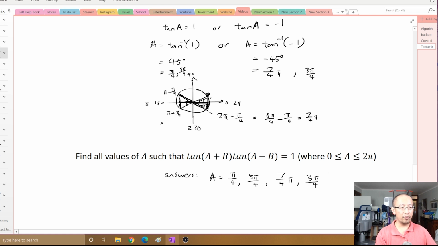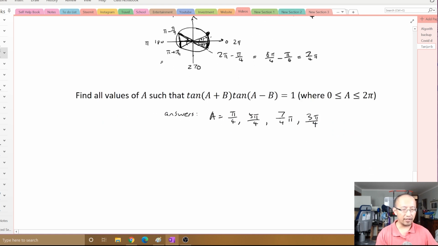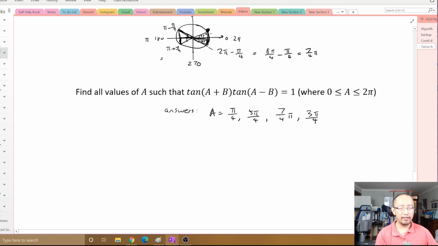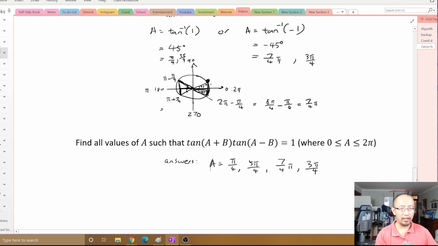Now, these are not in order from smallest to largest. If you want it in order, then you go A equals pi over 4, and then 3 over 4 pi, and then 5 over 4 pi, and then 7 over 4 pi. So these are your final answers.